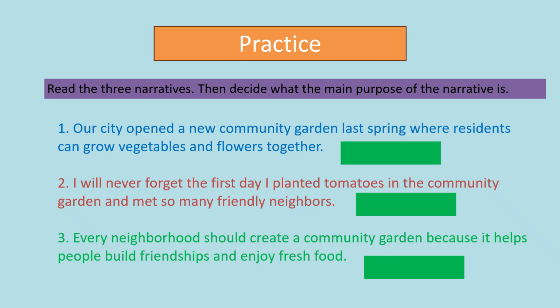Let's check the answers together. The first one is to inform. The author gives us one piece of information that a community garden was opened last spring. The second one is to entertain.